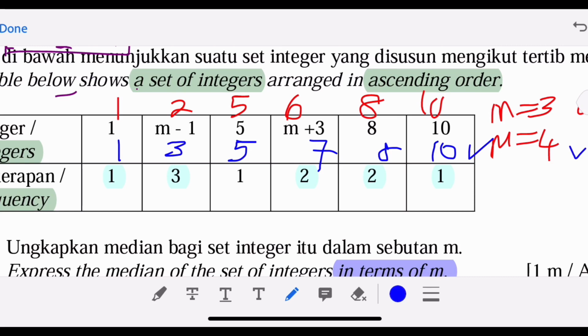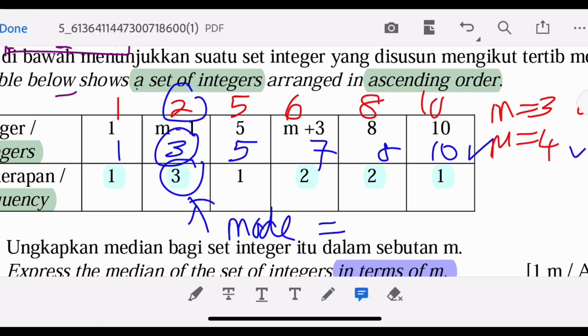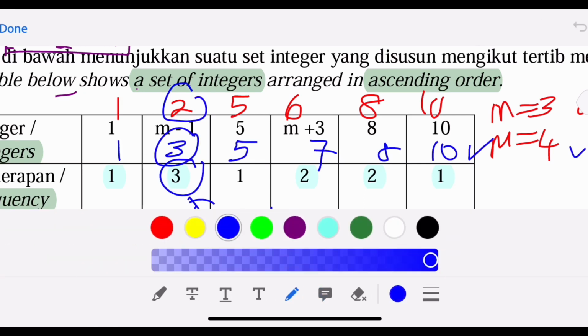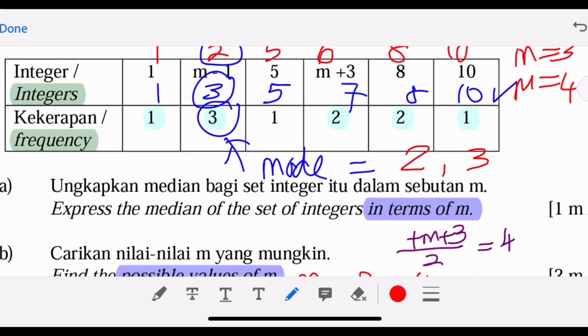Okay, do you understand? This type of question nowadays is very popular in the coming exam because it's actually testing you how to use unknown to work out the answer. So you are not given all the numbers. You are given the unknown, so you need to figure out how to get the answer. That is so-called higher order thinking skills, HOTS, alright?